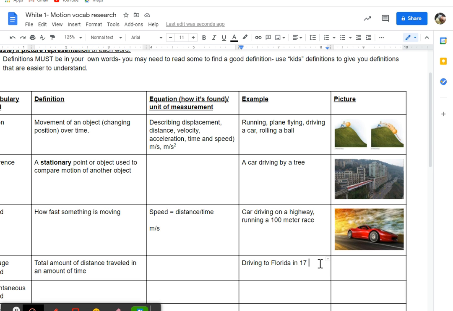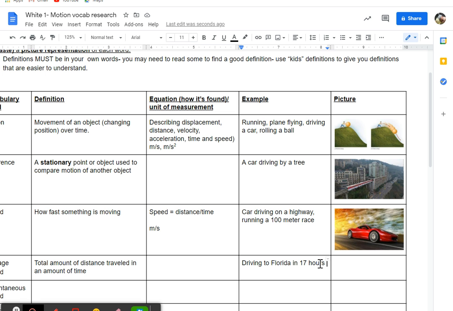So driving to Florida in 17 hours, you guys are leaving from your house, driving through your development. You're driving 25 miles an hour. Then you get onto a highway. In New Jersey, our highways only go up to 65. But once you get out of New Jersey, it goes up to 70 miles an hour that you're allowed to drive.